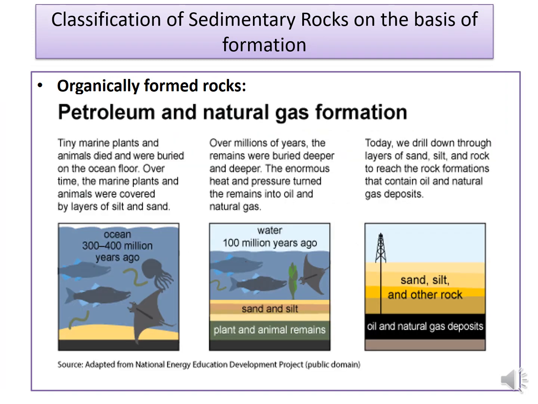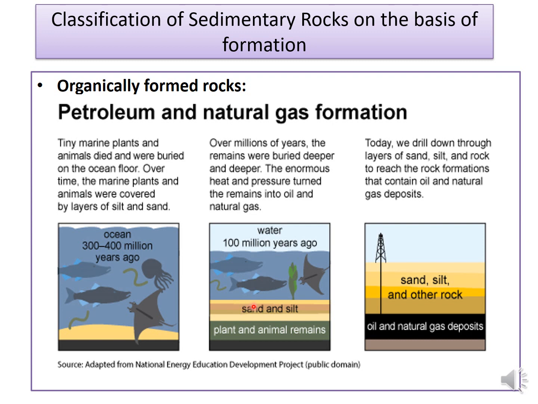Now let us understand how petroleum and natural gas were formed. 300 to 400 million years ago, tiny marine plants and animals died and were buried on the ocean floor. Over time, the marine plants and animals were covered with layers of silt and sand.